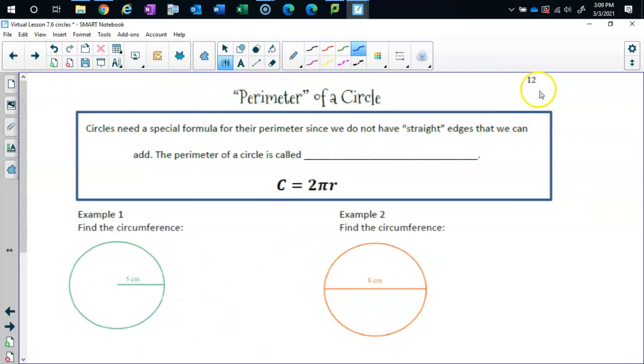All right, now turn to page 12 in your notes. This is page 12 in your notes. All right, circles need a special formula for their perimeter since we don't have straight edges that we can add. The perimeter of a circle is called, and we learned this earlier today, the circumference.